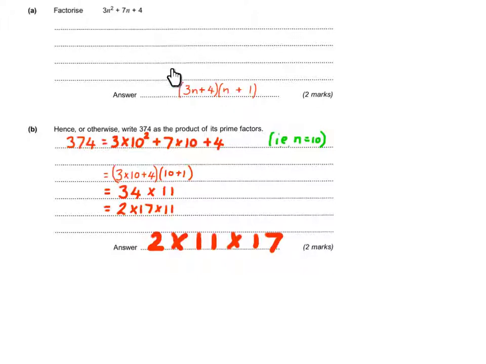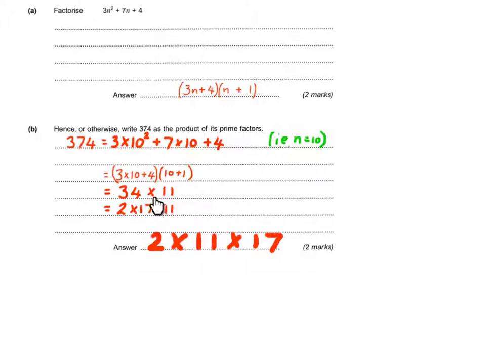And then we saw in the last question that that could be written as 3n plus 4 times n plus 1. So in other words, if n is 10 here and 10 here, we get 34 times 11.